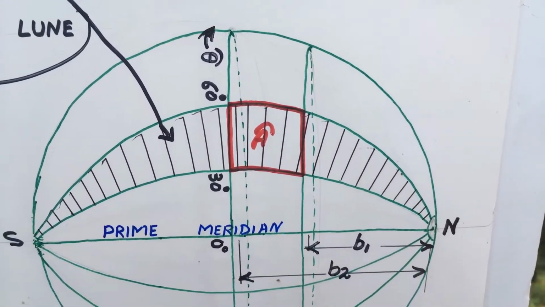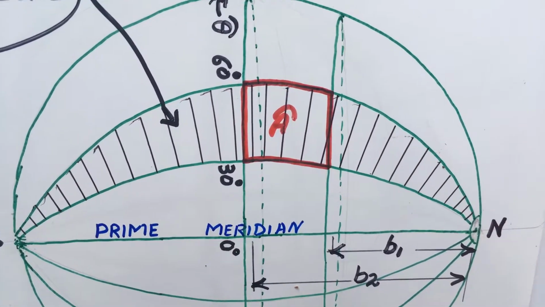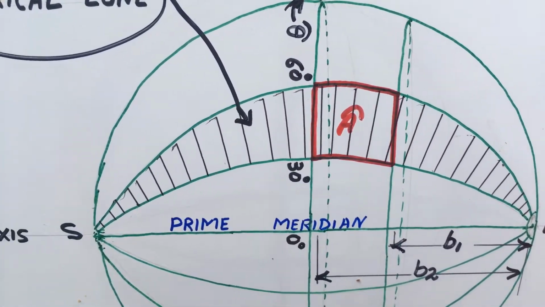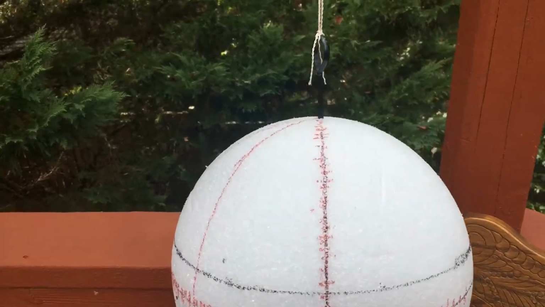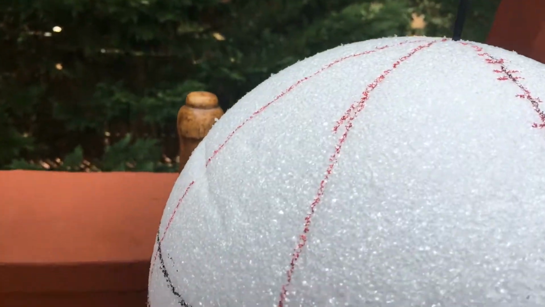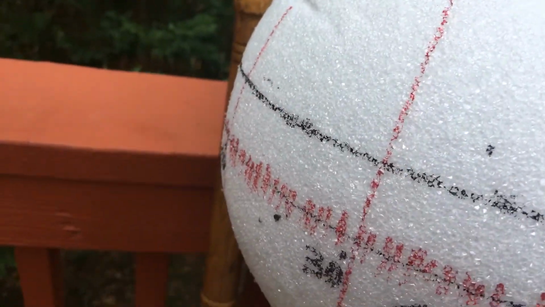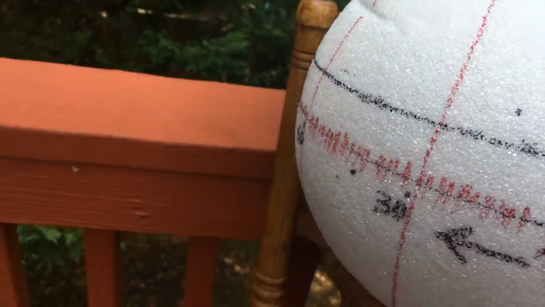This is the distance between two latitudes, which starts from the North Pole. And this is the lune. A lune is the surface area between two longitudes.